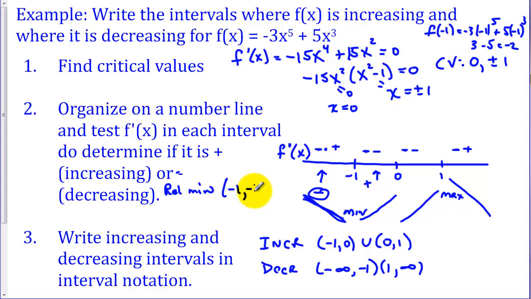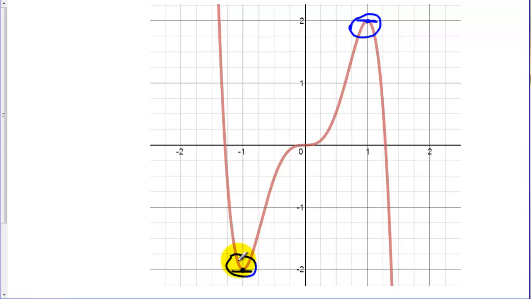So our relative min is here, and our relative max happens at positive 1. If I put positive 1 in here, I've got negative 3 plus 5, I get 2. And if we look at our picture, the coordinates of this point here is negative 1, negative 2. That was our min, and our max here.